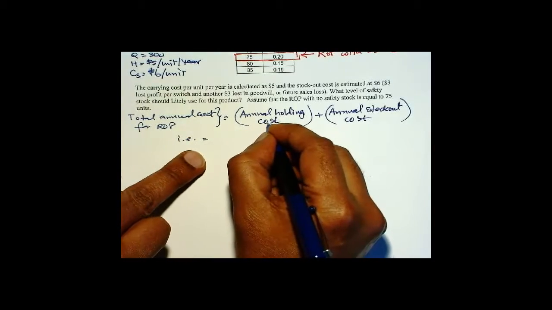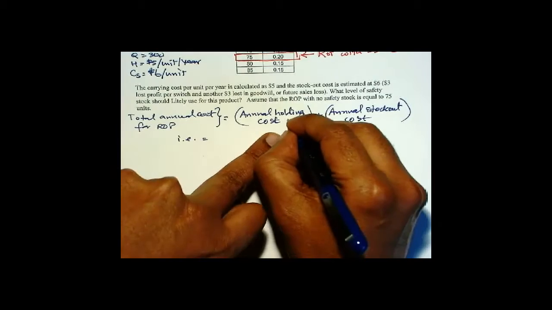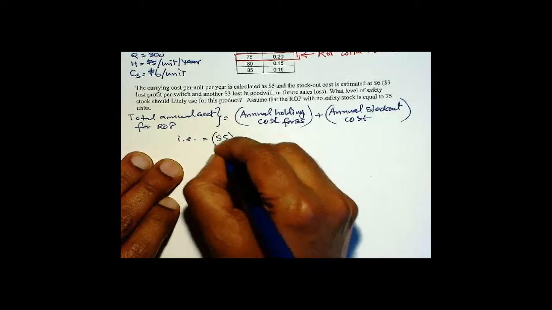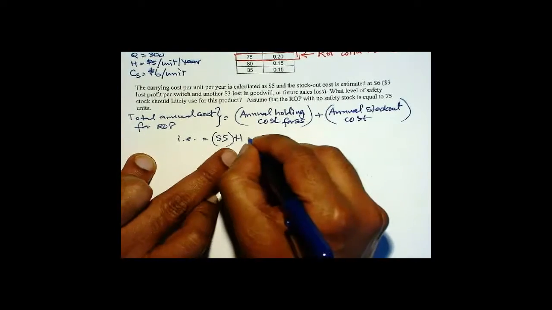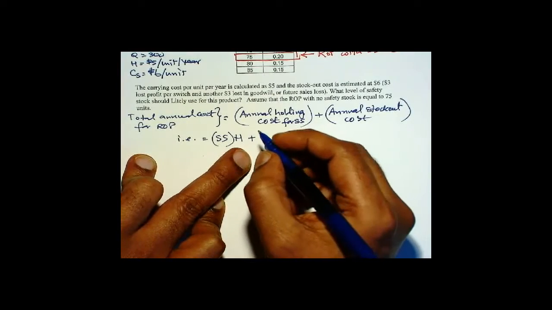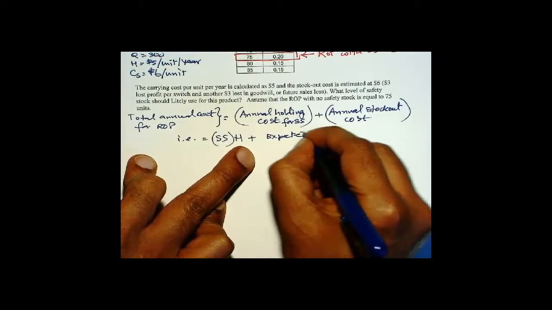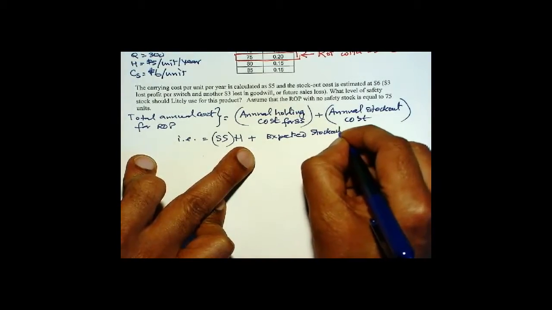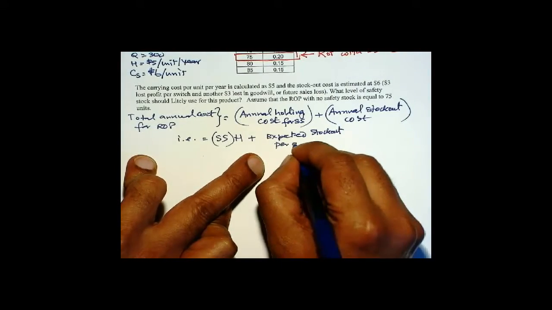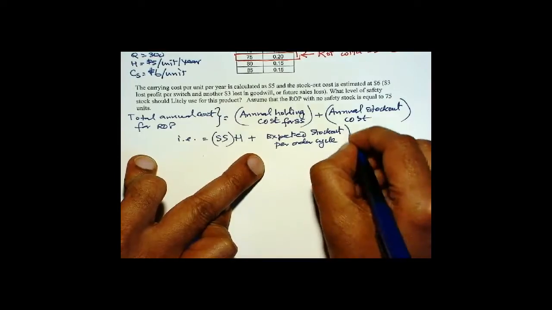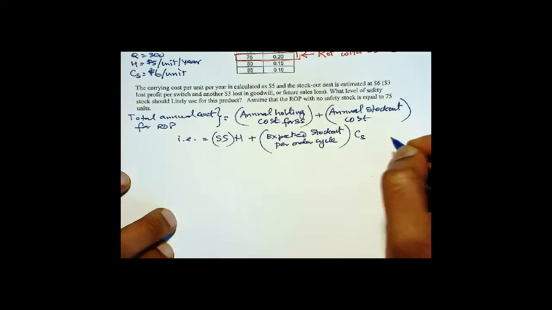The annual holding cost is for the safety stock, so that will be the safety stock times H, plus now we need to compute the expected stock out per order cycle, times C sub S, the cost of stock out per unit. So this is your stock out cost for one order cycle.